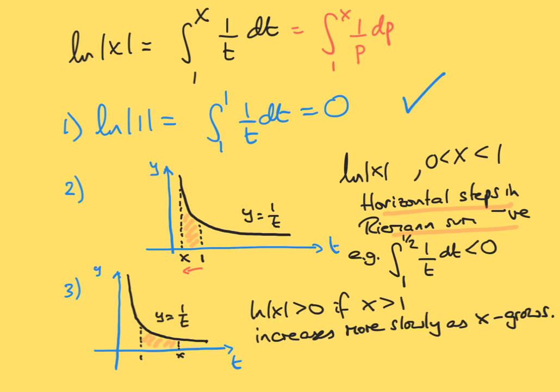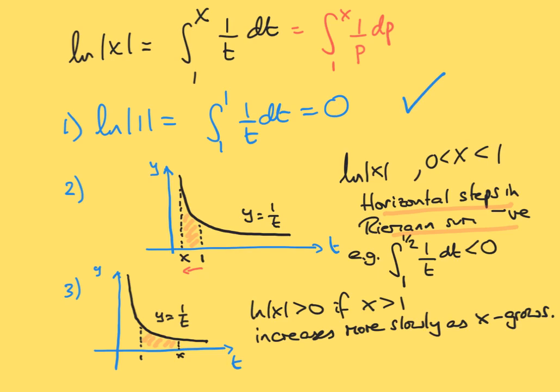And if x is greater than 1, it gets bigger as x increases, but because the curve is asymptotically approaching the t-axis, what you see is that if you make x a bit bigger, there is another bit to add, so the logarithm increases, but it's not increasing as much as it did here earlier.